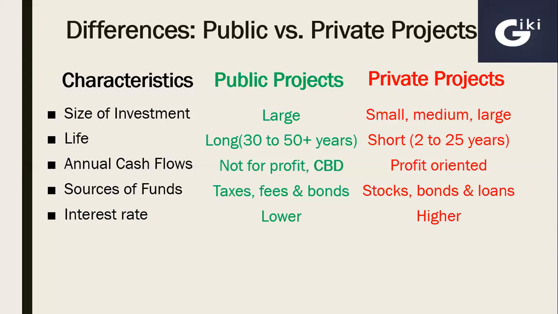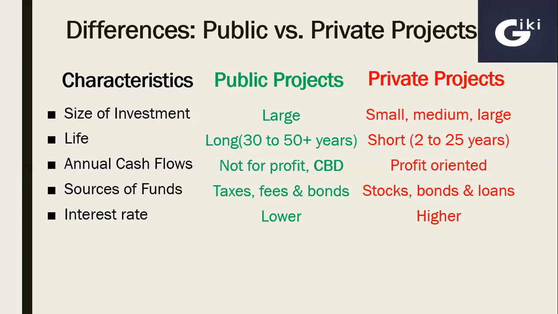That's why government institutes like national banks or provincial banks may lend money at a lower rate of interest for public sector projects, and rate of interest is high for private sector projects, because their purpose is not to serve the needs of public but to generate profits. That's why the most common term for public sector projects rate of interest is discount rate or social discount rate.